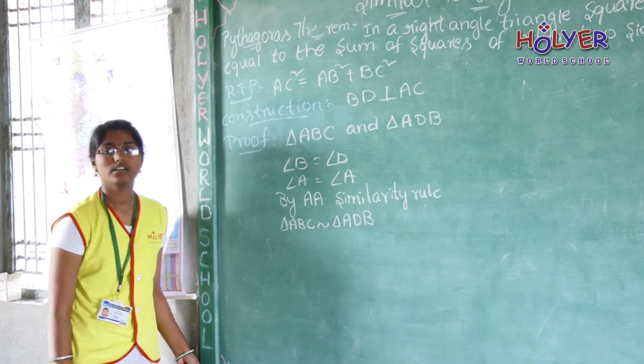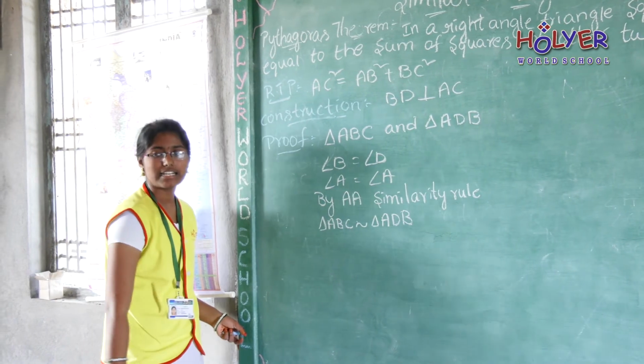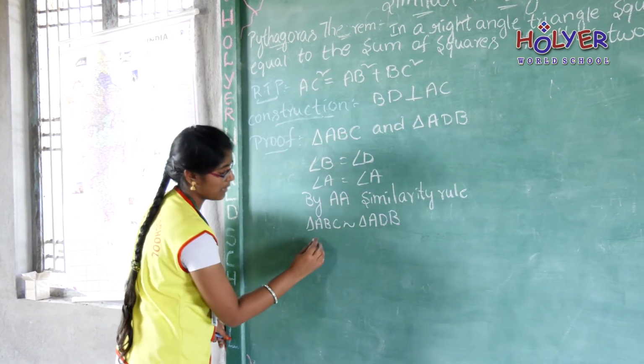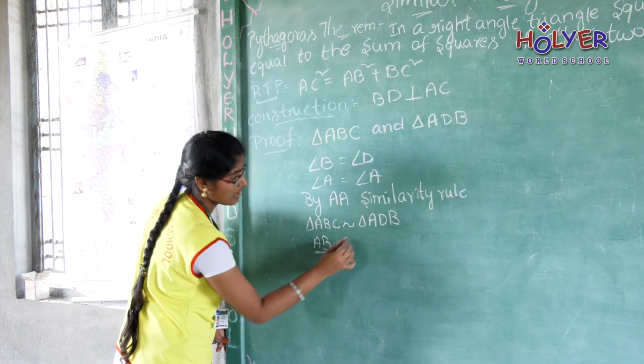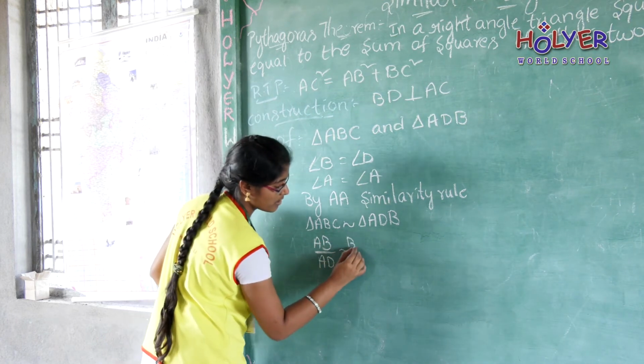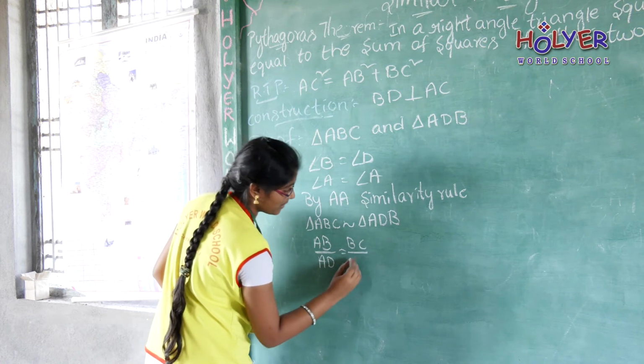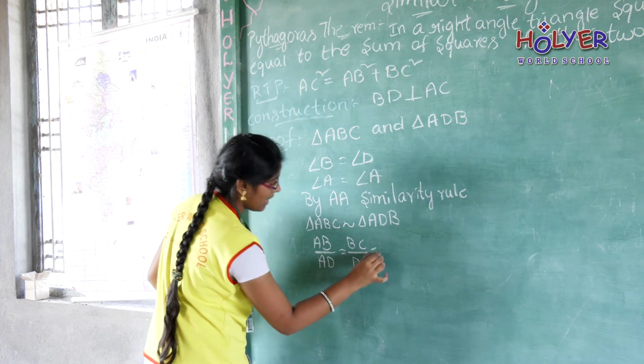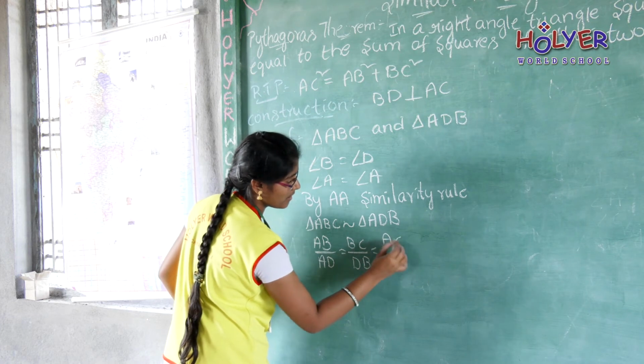Then the corresponding sides are in the same ratio: AB by AD is equal to BC by DB and AC by AB.